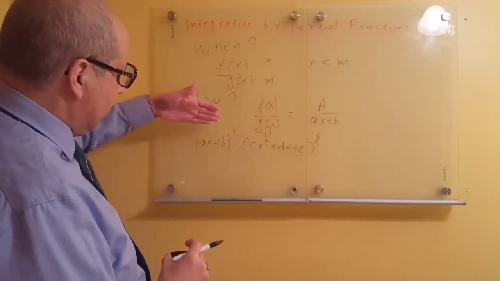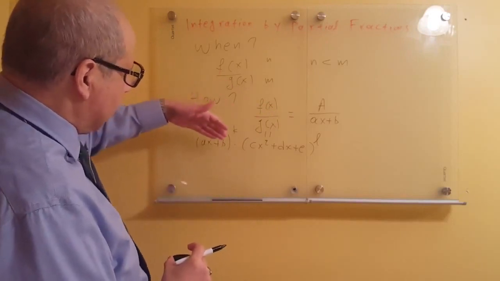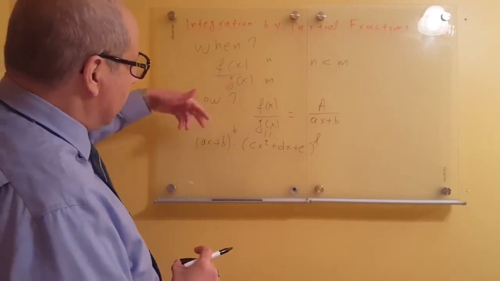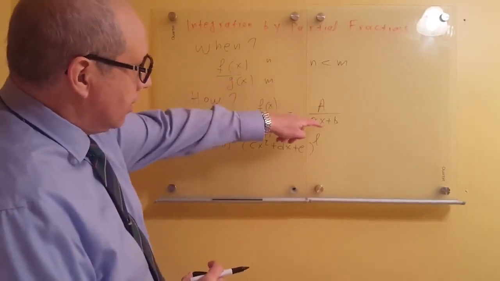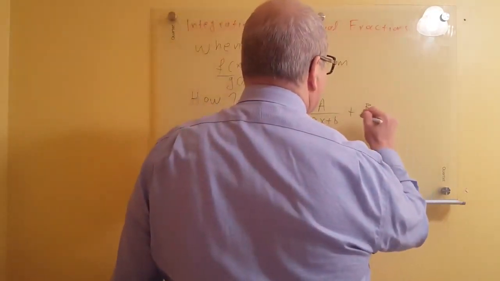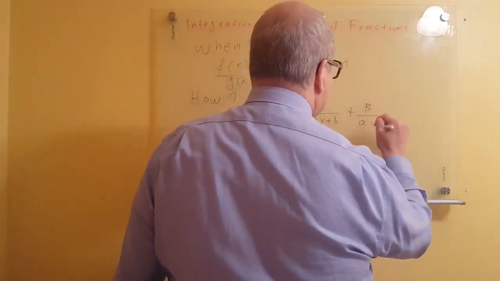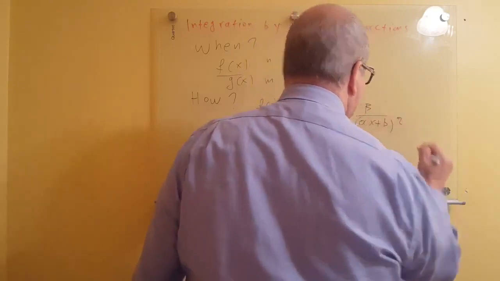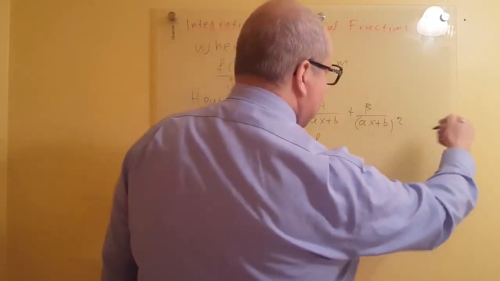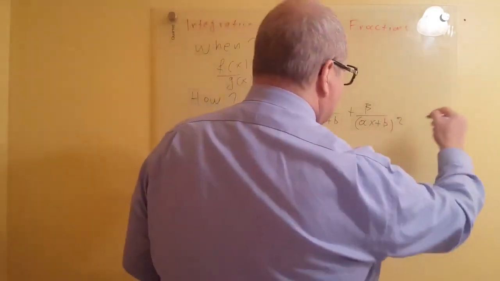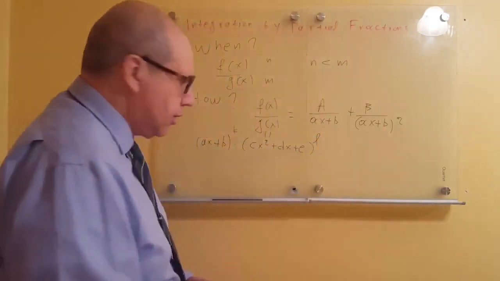Like, if it was ax plus b to the second power, you have to write this here plus b over ax plus b squared. If it was to the third, you should write another term plus c over ax plus b to the third.